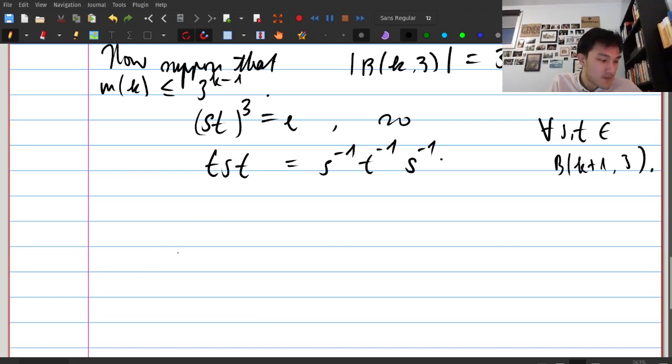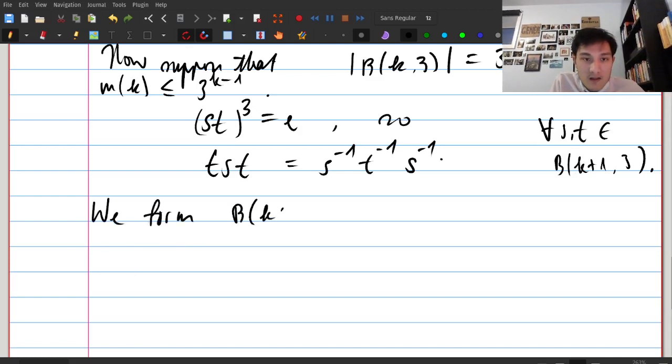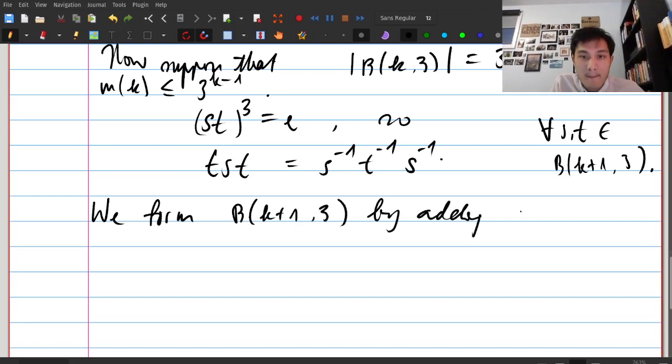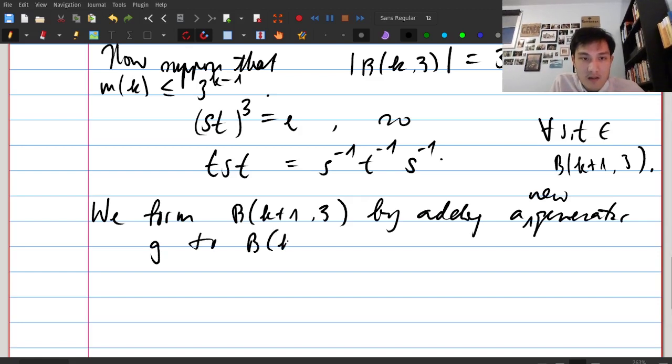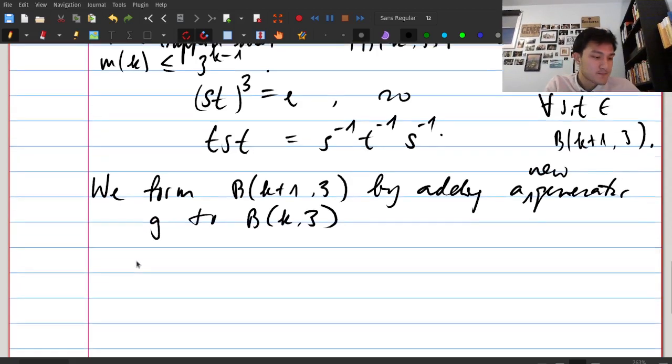Now we form B(k+1,3) by adding a generator. It's going to be a new generator g added to B(k,3). So B(k,3) already had k generators, and we're adding a new generator.